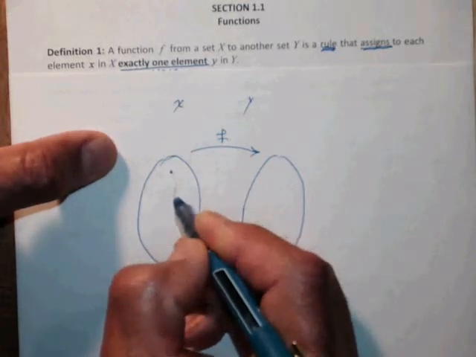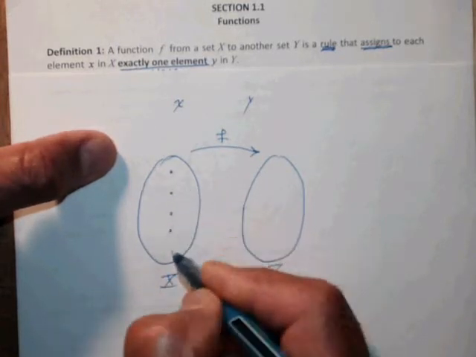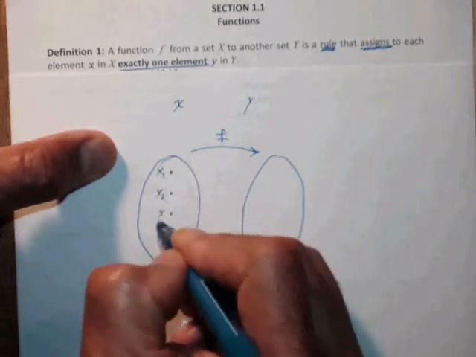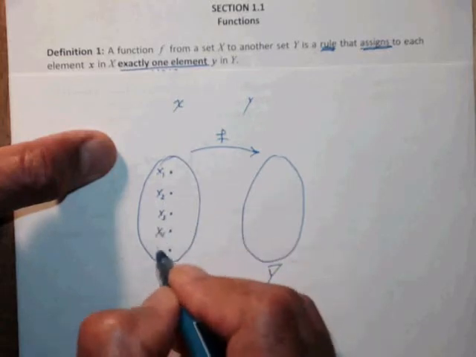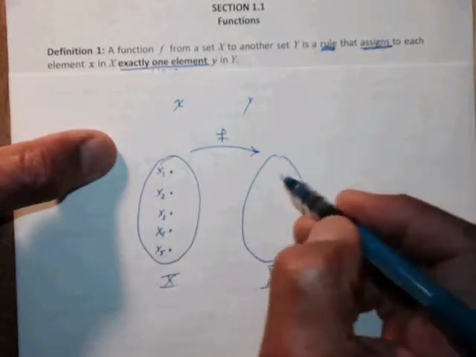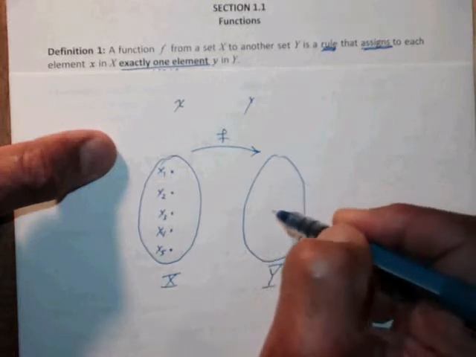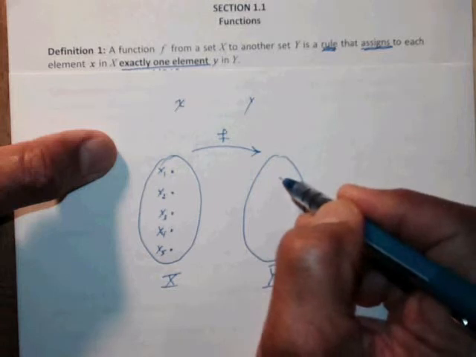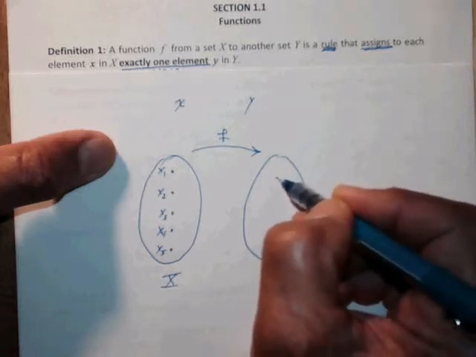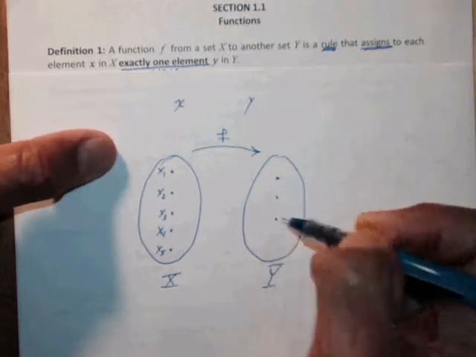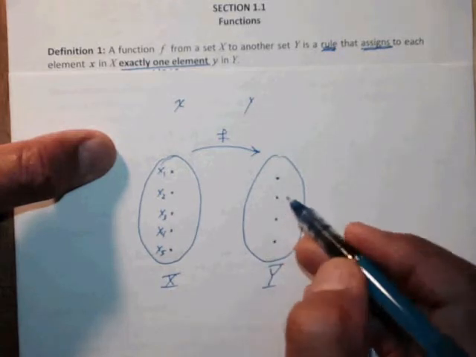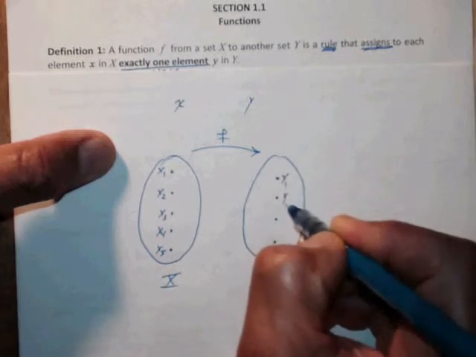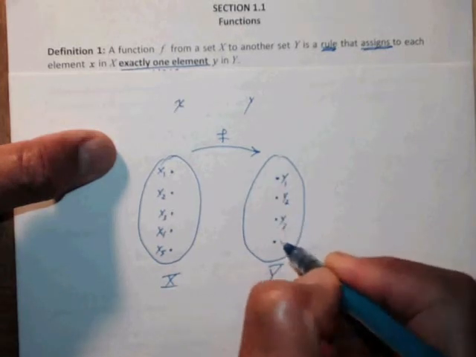Let's say I have 1, 2, 3, 4, and 5 elements here. So I call them x1, x2, x3, x4, and x5. And elements of set y, naturally I'm going to call them by lowercase y. So let's say I have 4 of them here. I don't have to have the same number of elements in both sets. So y1, y2, y3, and y4.